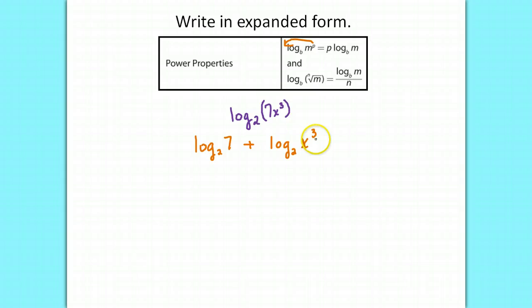Over here, though, we do have an exponent, so we can use this first property up here to expand it a little bit more, to simplify it a little bit more. So all we would need to do is take this 3 and write it out in front of the log. So your final answer here would be log base 2 of 7 plus 3 log base 2 of x. And that would be as expanded as you can get with what's there.